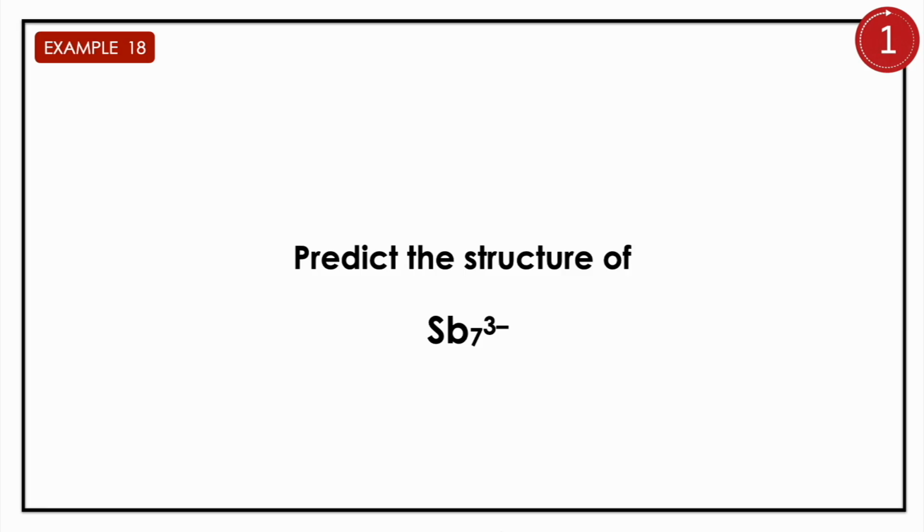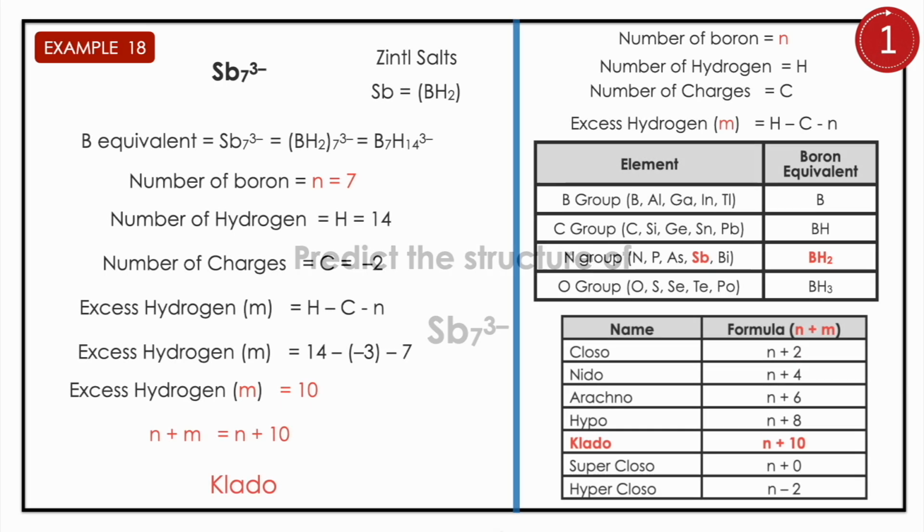Then the next question, here Sb7 3 minus is given, antimony 7 times trianion. You should find the structure using Wade's rule. Here the metal cluster is given. The metal cluster formed by antimony, technically a Zintl salt.